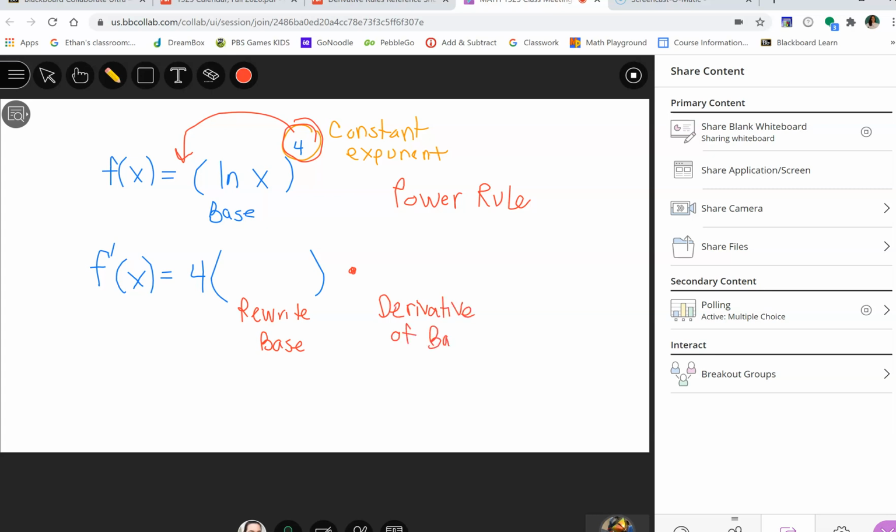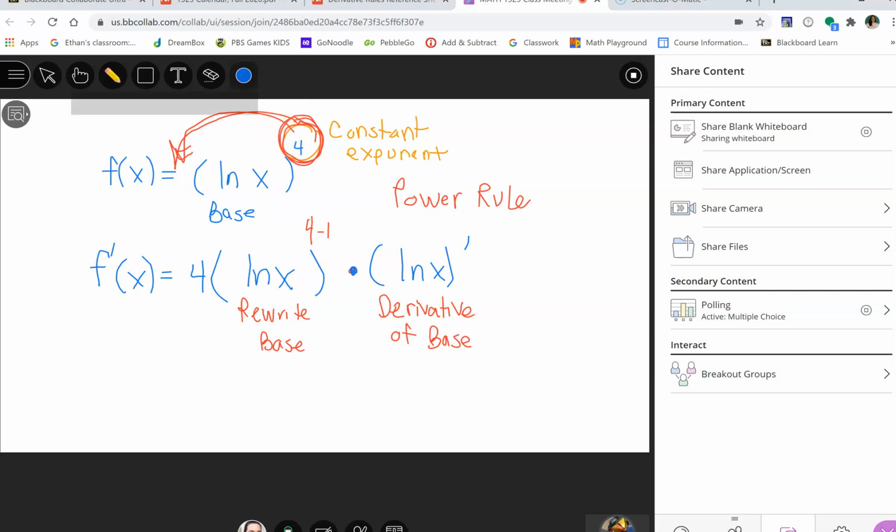If my base is a plain x, the derivative is just 1, so we don't have to really do that. But in this case, my base is definitely not a plain x. My base is an ln of x, so I have to tack on the derivative of the base. Oh, and what did I forget to do? In my power rule, when you drop that exponent down to the front, you have to decrease the exponent by 1. Okay, so that's what I did there.